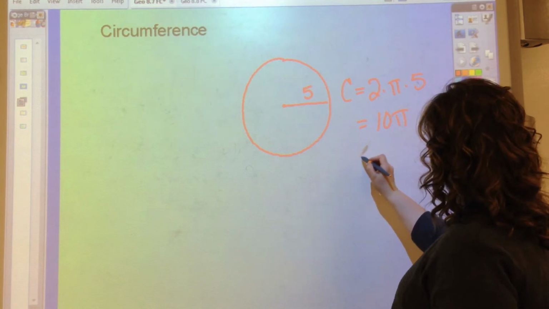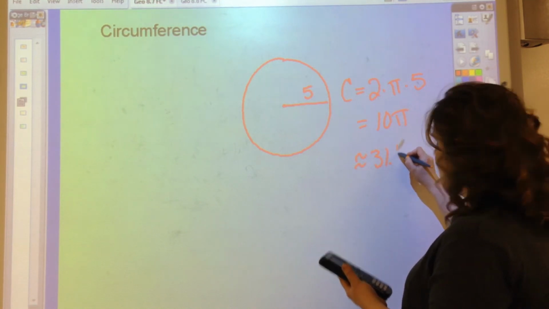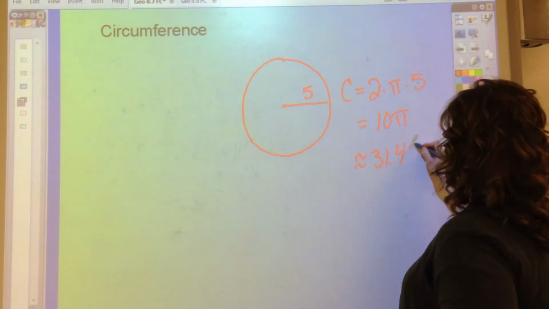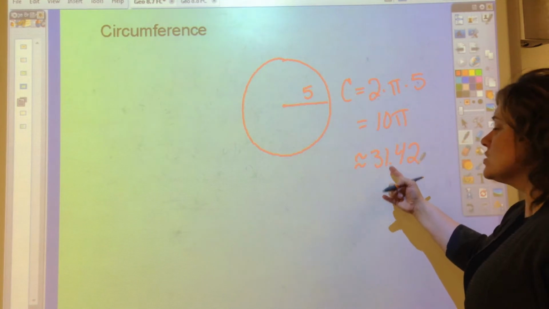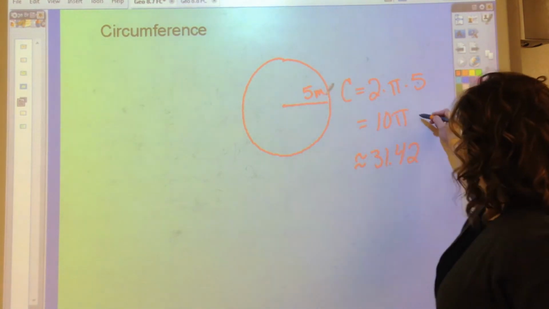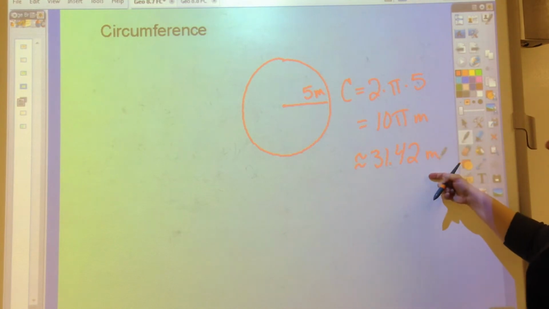So if you're writing your approximate solution, you would write 31.42. So this would be our exact solution, this would be our approximate solution. And let's give it some units. This is exact, this would be approximate.